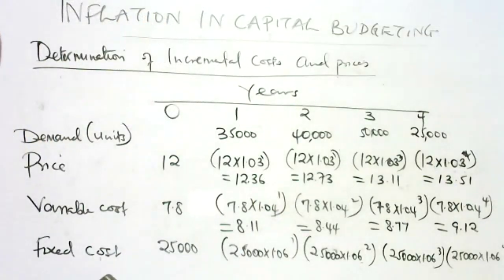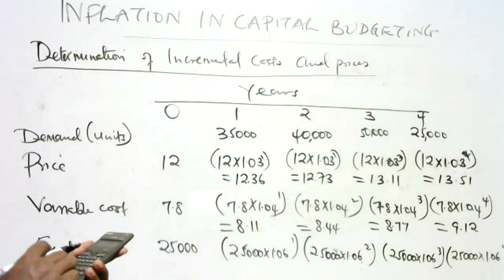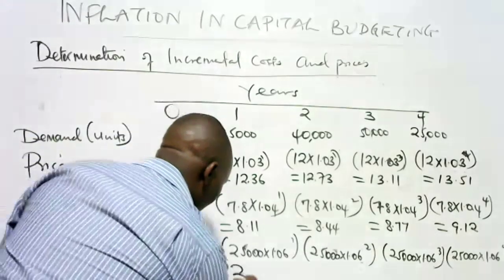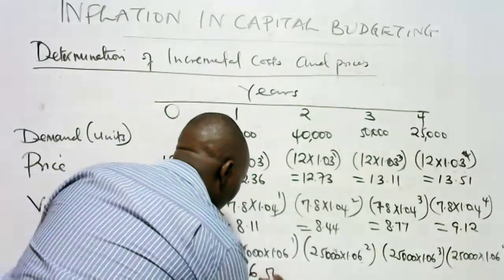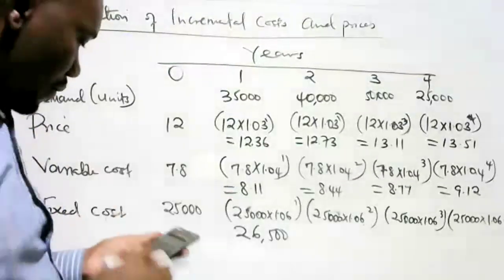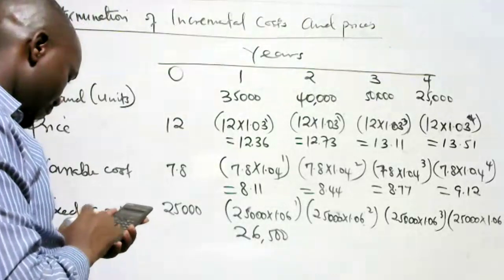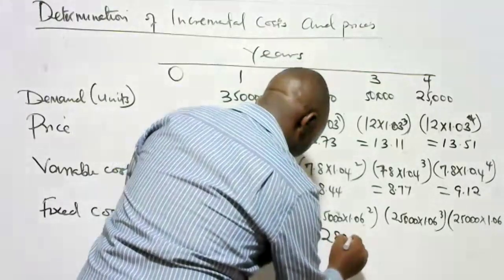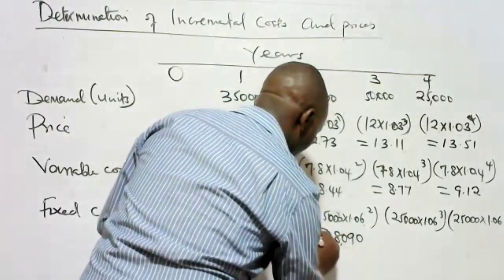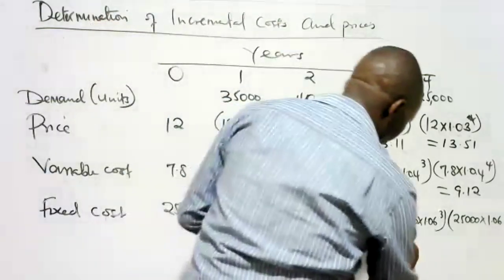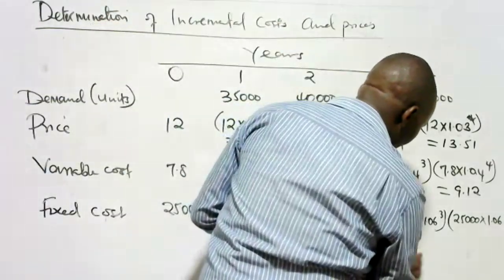So 25 times 1.06. Year 2, 28,090. Year 3, 29,775.4.